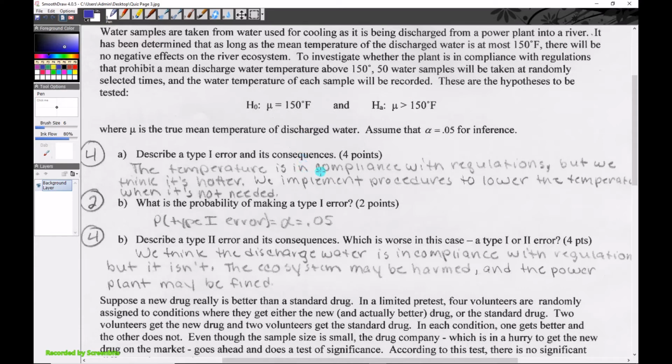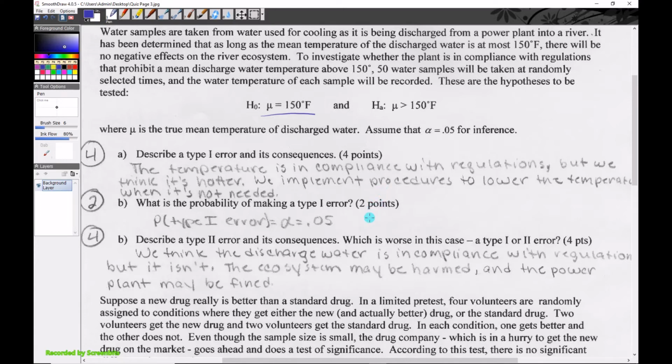So the temperature is in compliance. So it is true that it's 150, in a type 1 error situation. But we think it's hotter, so we could shut down the plant. We could check into it and take time away from doing whatever the plant's supposed to do. In other words, we're just going to implement procedures to lower the temperature when it's not needed. That's not great, but it's not the end of the world.